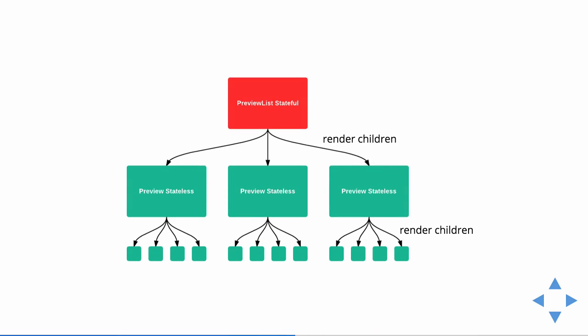This is another example showing that it is good to have only one stateful component or a few, and they can have many stateless components as children. Only the stateful component changes the state and passes all the properties to the stateless components, which we render accordingly, which is very cheap in React.